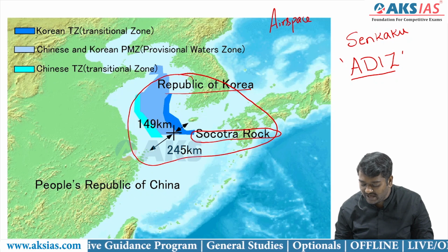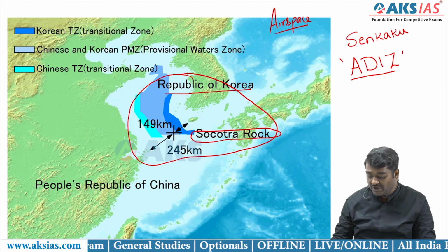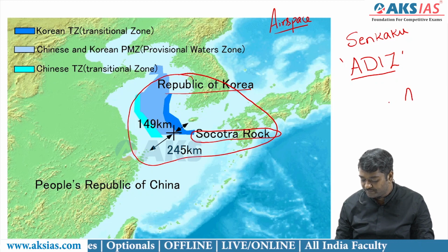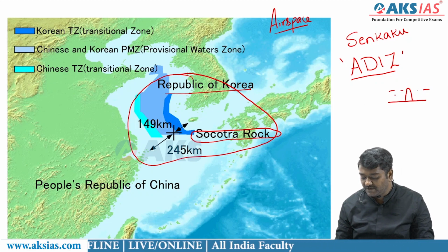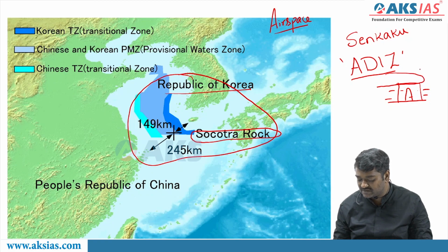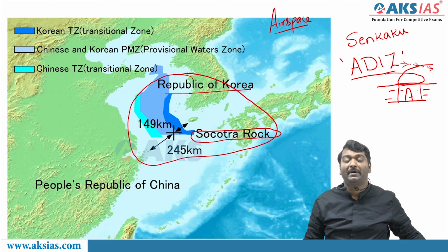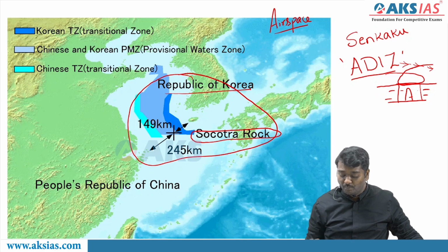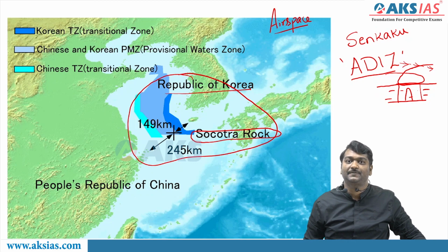What is the meaning of airspace, guys? If you have an island, right? And if I say this is my territory, so if Japan says this is Japan's, if China says this is China's, then if any aircraft has to pass over this region, they have to take permission of both Japanese and Chinese.